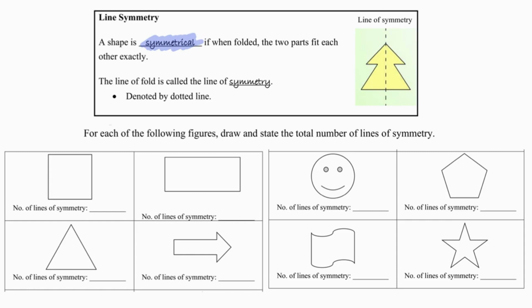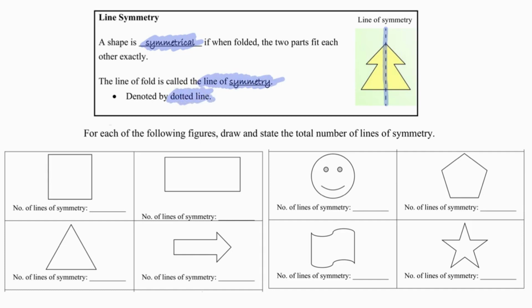And that particular line in the center, in this case this line, will be what we call a line of symmetry. And we usually denote it by a dotted line.